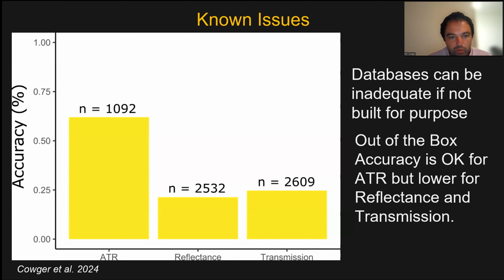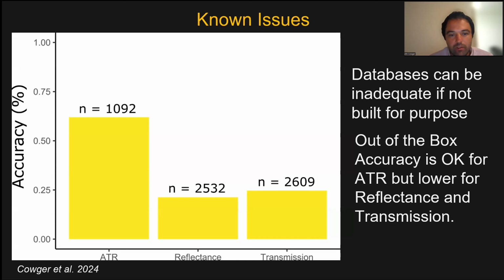It's really, really rich spectral information. But it comes with a challenge because a lot of times we're not actually using ATR data. So we'll collect reflectance data or transmission data, and then we'll try to match it to these ATR libraries, and you can end up getting an accuracy hit from that, a substantial one.